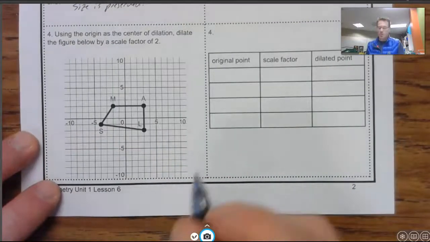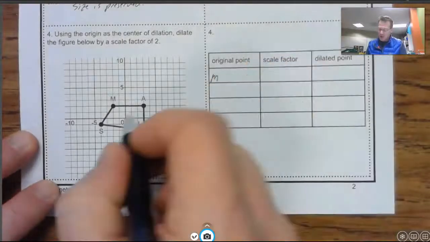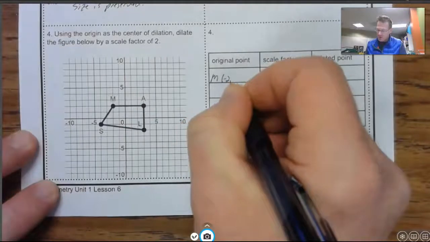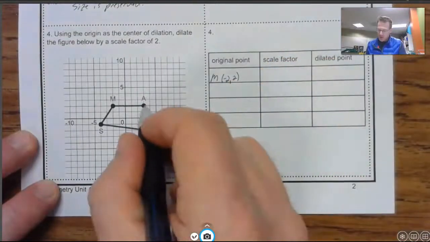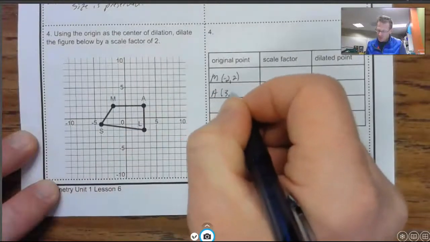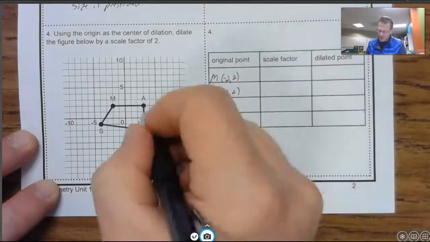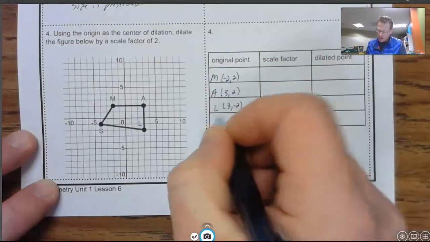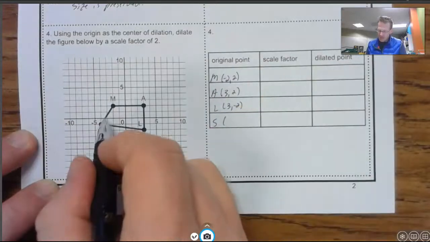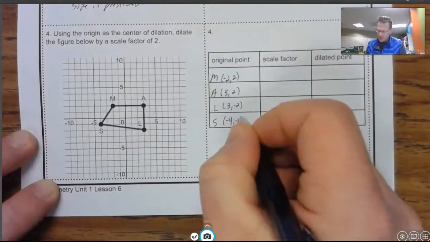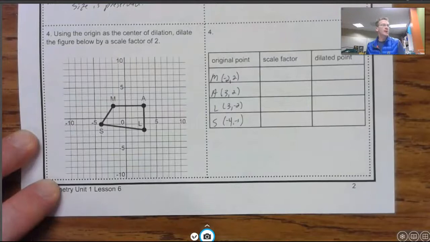Our original points: for M, it's negative 2, 2. For A, it's 3, 2. For L, it's 3, negative 2. And for S, it is negative 4, negative 1. Those are my original points.